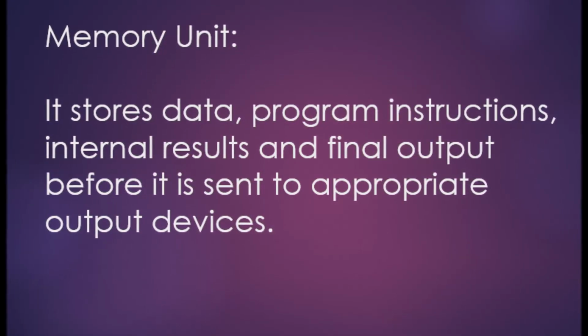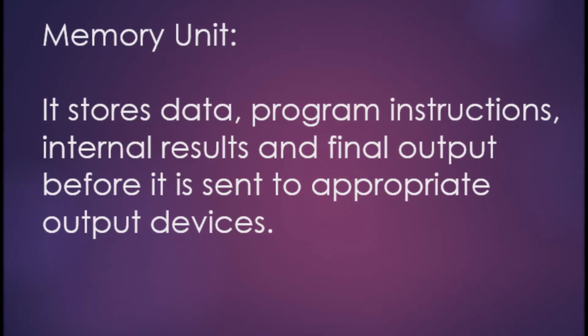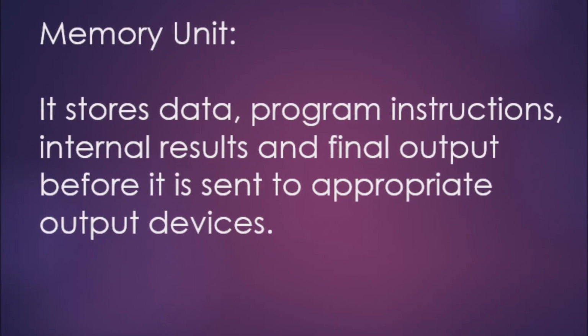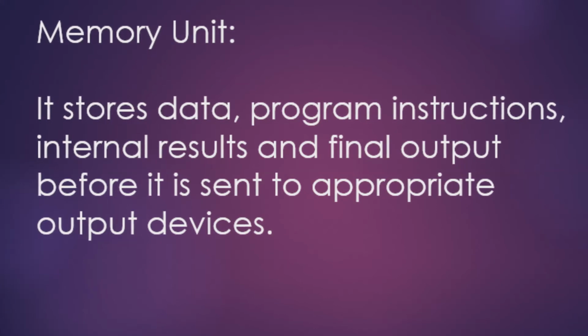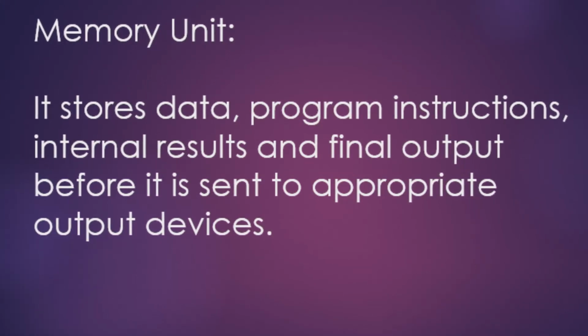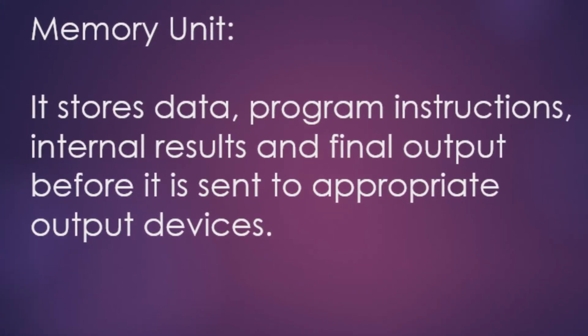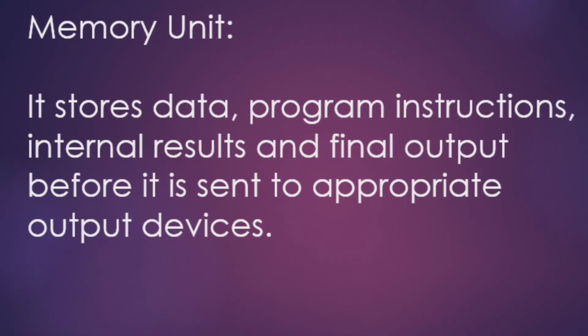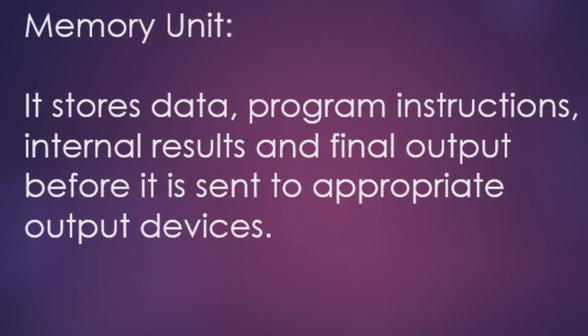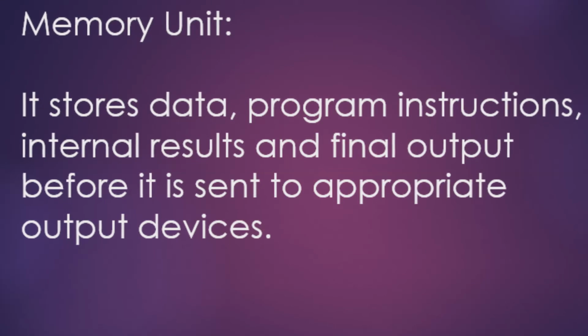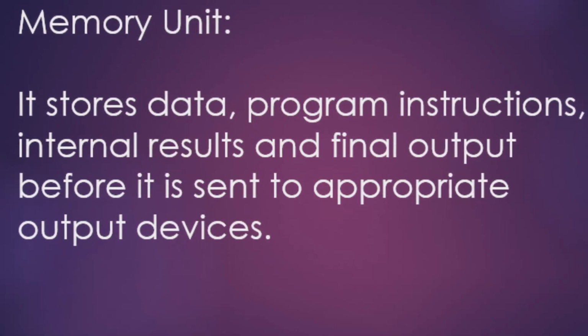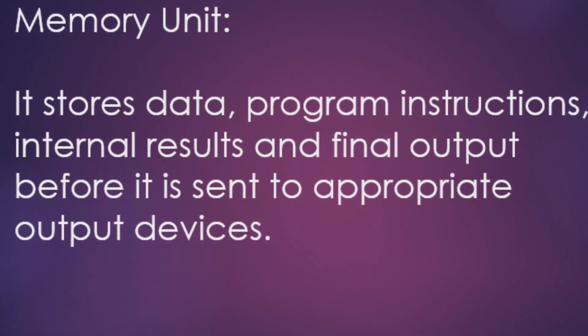It stores data, programs, instructions, internal results, and even the final output. It stores it until it is sent to appropriate output devices. Now this memory unit is referring only to the primary memory and not the secondary memory.